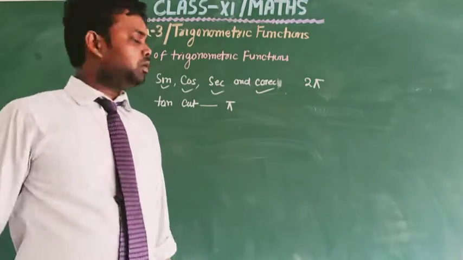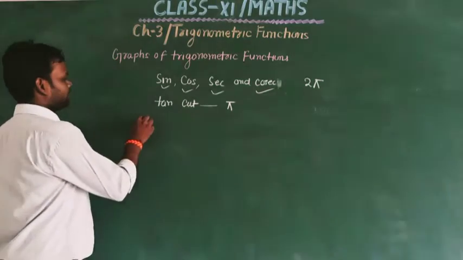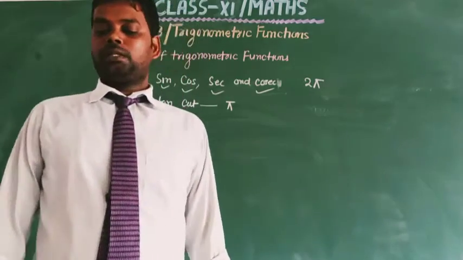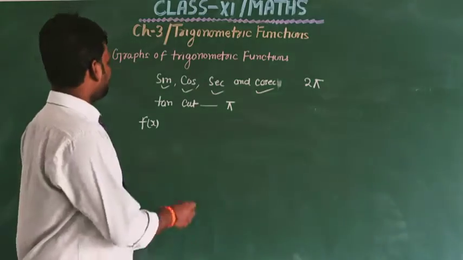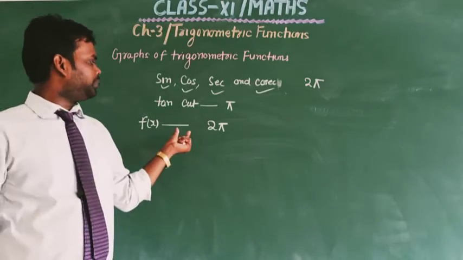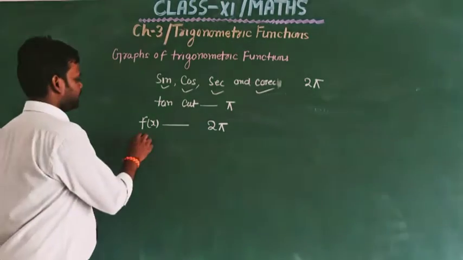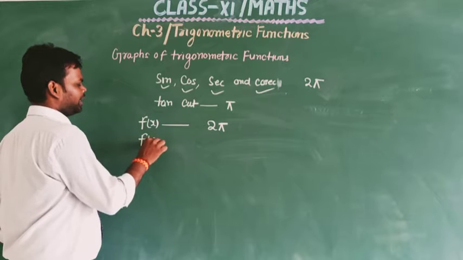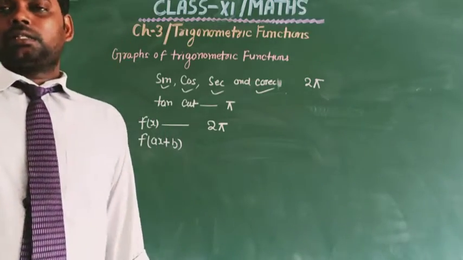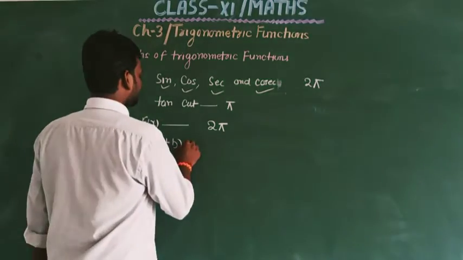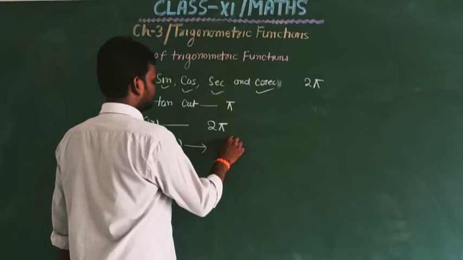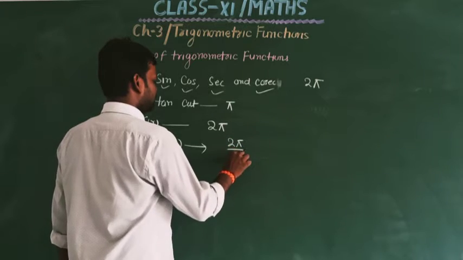Okay, and we also know if a function f(x) is periodic with period 2 pi, then f(ax plus b) is also periodic with period 2 pi upon mod a.